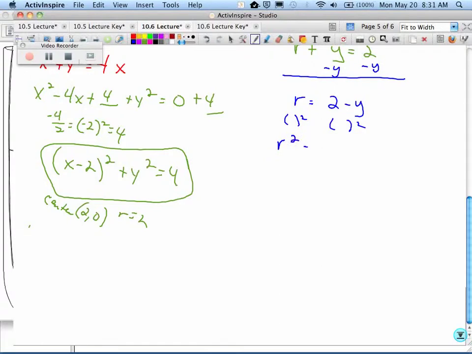What's my middle term? You'd have the negative 2y in the middle, negative 2y on the outside, so negative 4y. What's r squared? X squared plus y squared equals 4 minus 4y plus y squared.